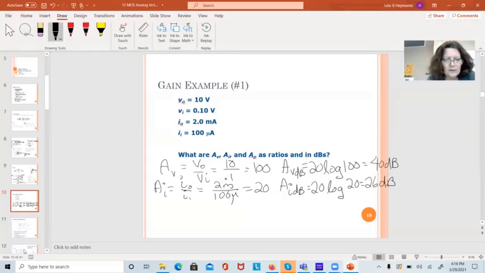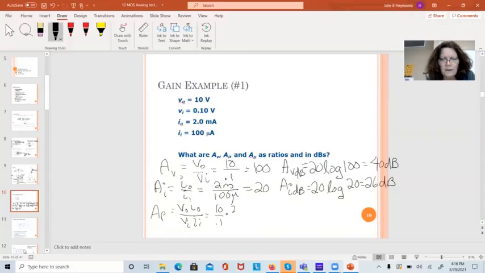Now, if I want to calculate the power gain, it's going to be V out times I out, the output power. The input power is Vin times Iin. And so we have 10 over 0.1 times 20. Yeah, I just don't get to add those together.